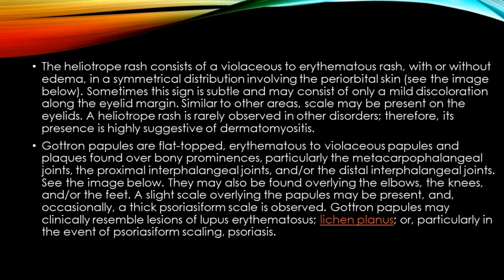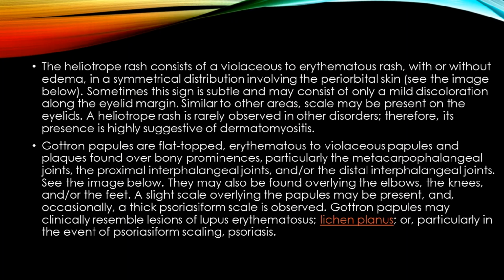The heliotrope rash consists of a violaceous to erythematous rash, with or without edema, in a symmetrical distribution involving the periorbital skin. Sometimes this sign is subtle and may consist of only a mild discoloration along the eyelid margin.